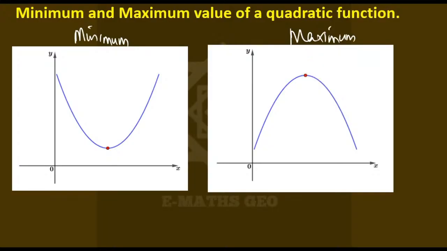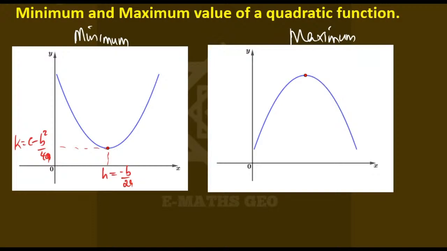And what do you observe? The minimum value will always occur at the vertex, which is (h, k). So h is minus b over 2a, and k is now c minus b squared over 4a. Now, if you notice, we are talking about value.